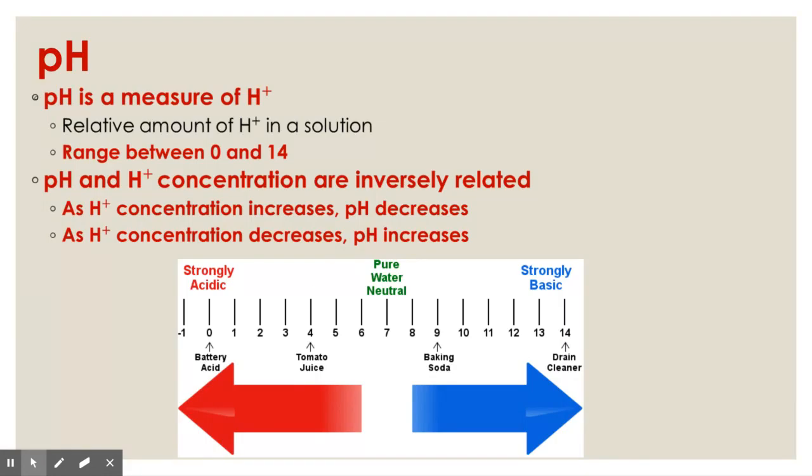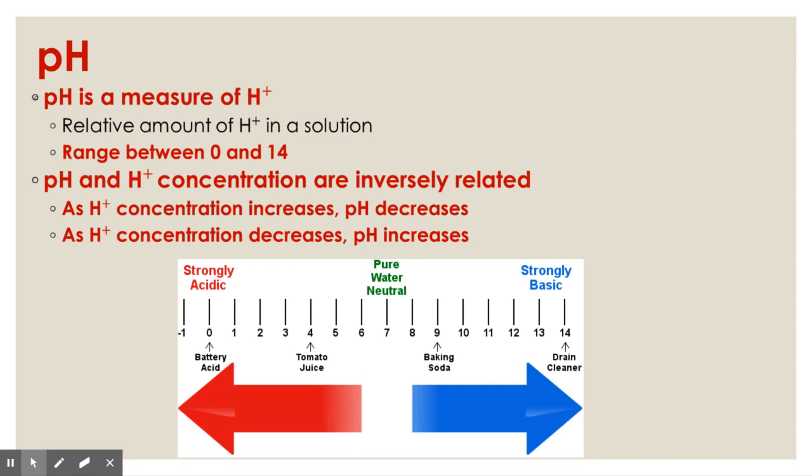pH, what is that? That is a measurement of the hydrogen ions in a solution. And it's a logarithmic measurement, which is just a fancy way to say that every time we move on this pH scale, we're not moving up in units of one, like 1 to 2. Usually that means there was one thing and now there are two things.